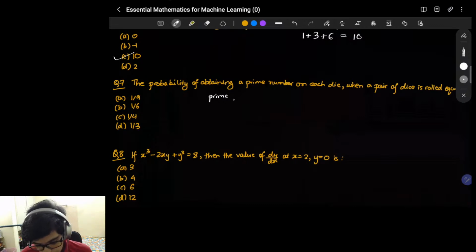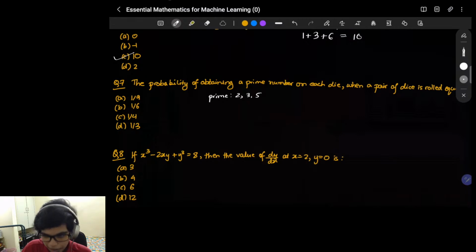So prime numbers in a die are 2, 3, 5. There is some noise, I think. You should fix that on your end, or you should mute yourself.